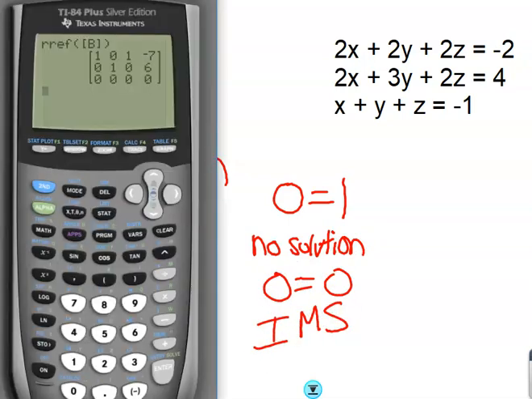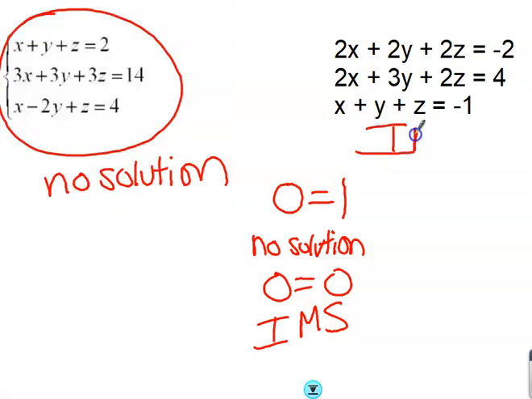So that is what your calculator is saying. With the 1, 0, 1 for the first row, 0, 1, 0, 6, so the Y is showing like it should be, but then the bottom, the 1 that should be here, so then you know that the value of Z is not there. So 0 equals 0 would mean IMS.